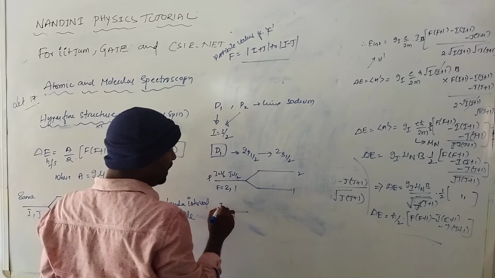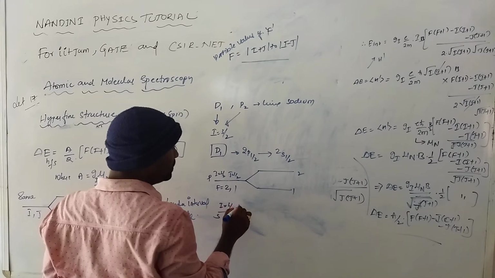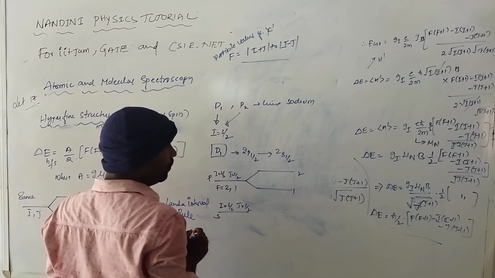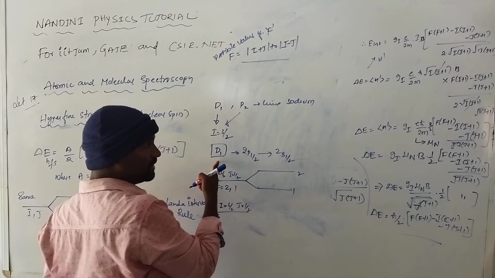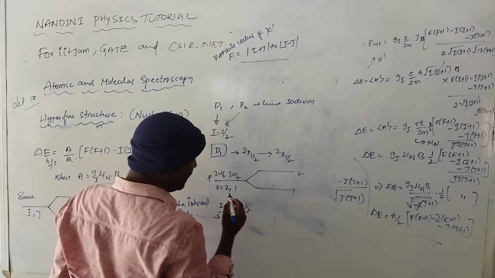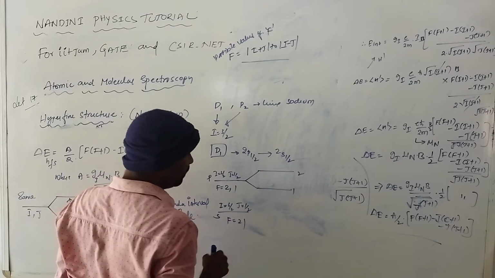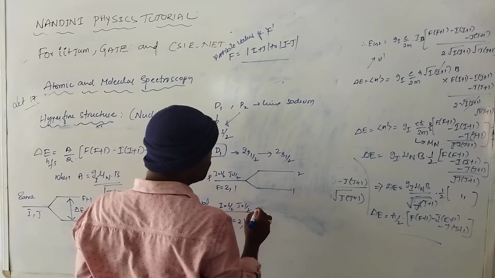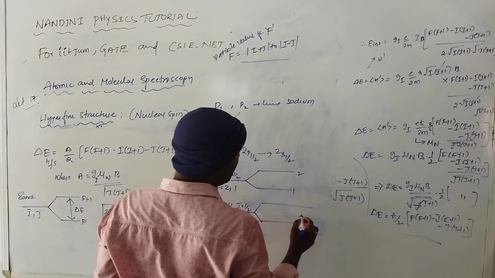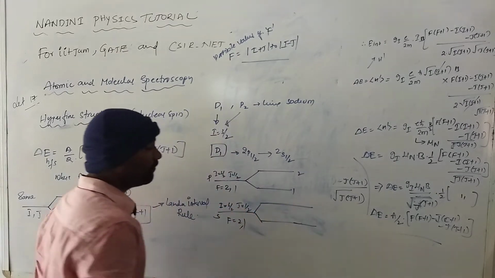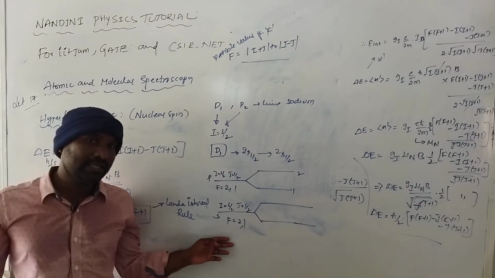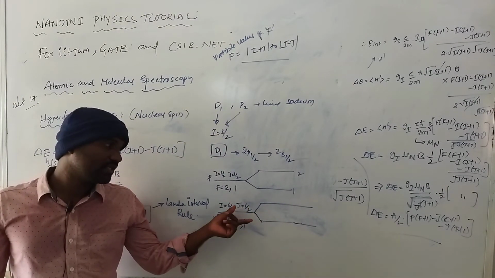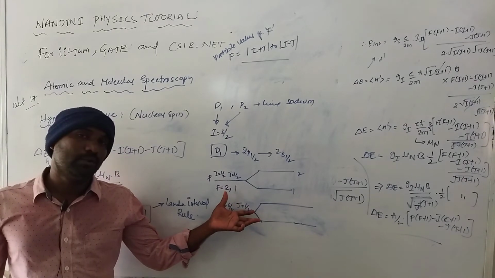Similarly, for S, I is equal to 3 by 2 and J is equal to 1 by 2 here. So for the D1 state, you will get F is equal to 2, 1 only, because with 3 by 2 and 1 by 2 you get 2 splittings. So S is also further split into 2 levels. In fine structure the S level was not splitting, but in the case of hyperfine structure S is also splitting into a doublet.